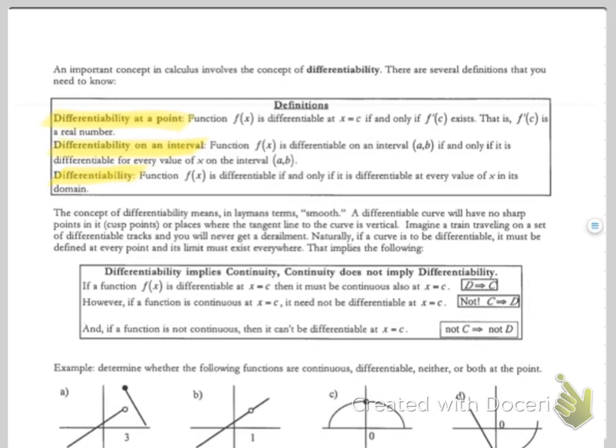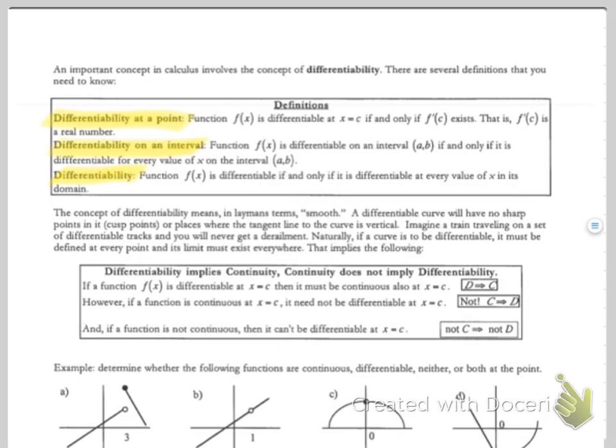Differentiability on an interval, similarly, it's differentiable on an interval a through b, if and only if it is differentiable for every value of x on that interval. So every single point between a and b, open brackets, must be differentiable. It's open brackets because at the endpoints we're only going to have one-sided differentiability, not two-sided differentiability.